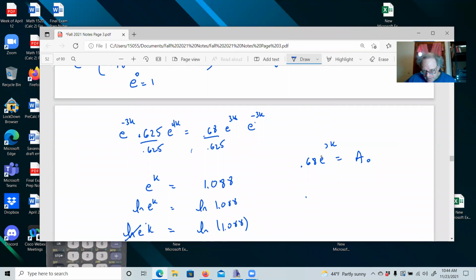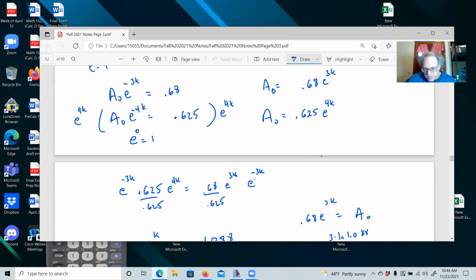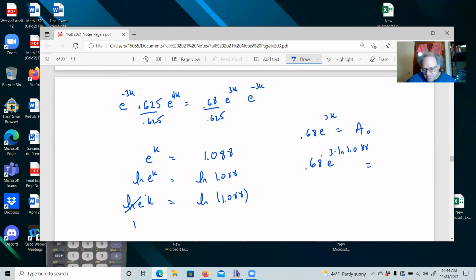So we have 0.68 e to the 3 times ln 1.088, and that is equal to a sub 0. And now all we're going to do is just run this through the calculator.